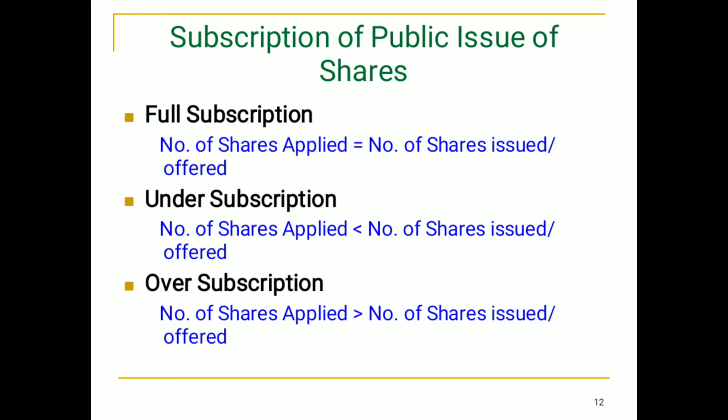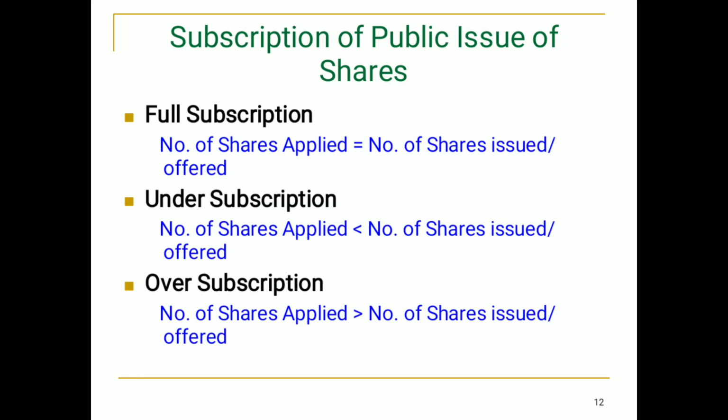So this is more, it is in excess. When it is more, it is over subscription. When it is less, it is under subscription. When it is equal, it is full subscription. Okay? Fine then, let us move ahead.